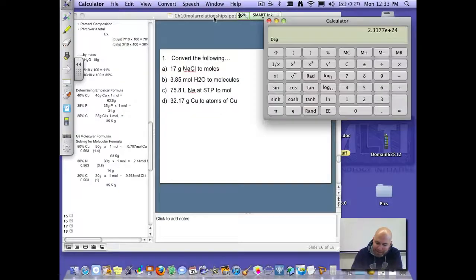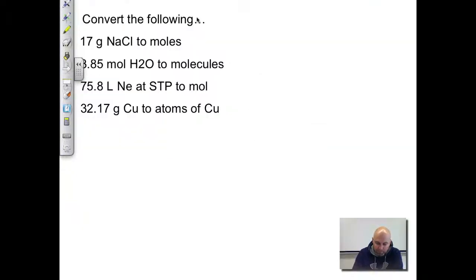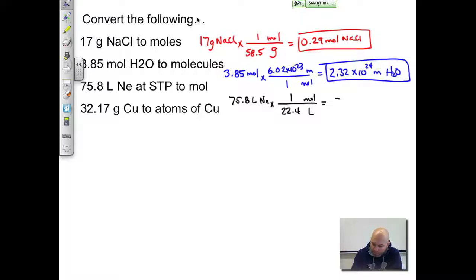Let's go ahead and do that. 75.8 divided by 22.4 equals 3.38. So 3.38 moles, and again, of neon. Nice little box around it.